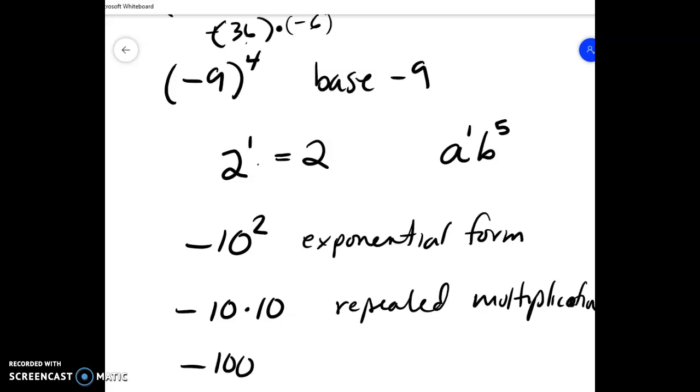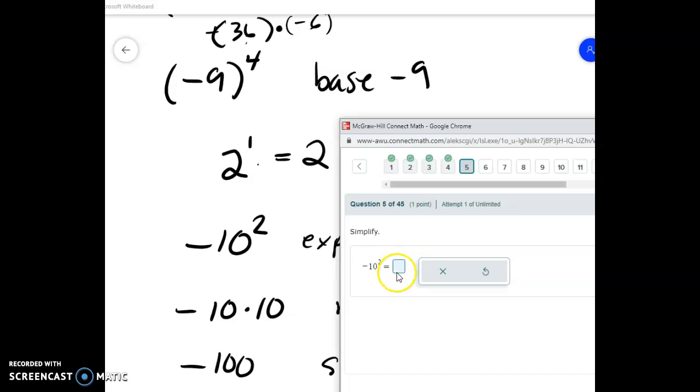And this, actually completing the 10 times 10, negative because opposite signs, this would be simplified form. So I'm going to put my answer in here. And remember, because it's not within the parentheses, it's not negative 10 times negative 10, it's 10 squared, the opposite of it.